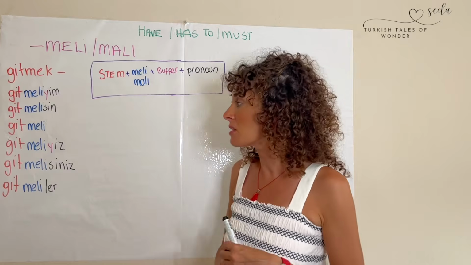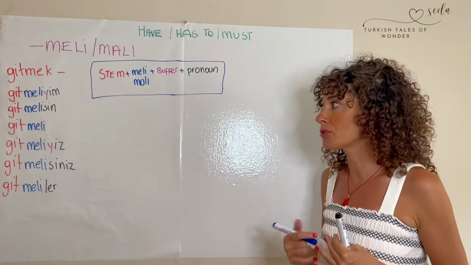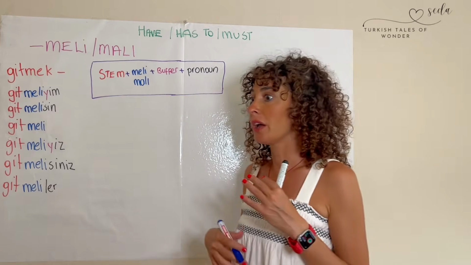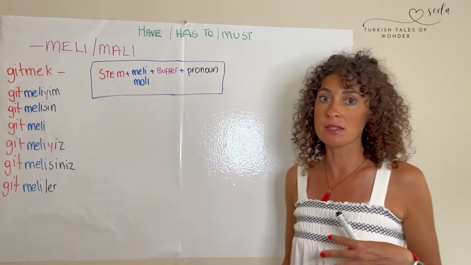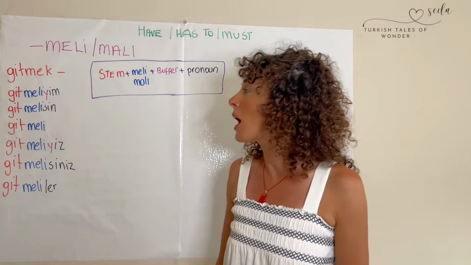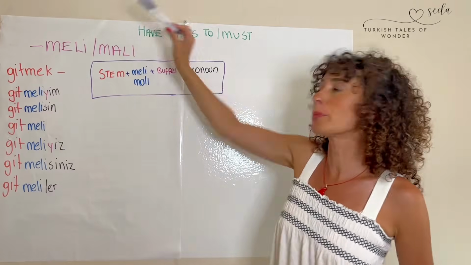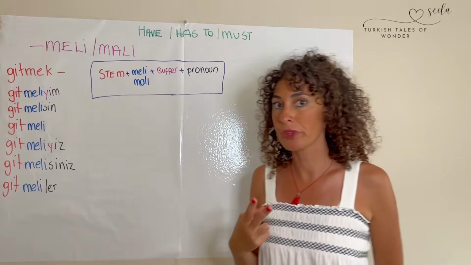I know this part is the hardest part for you guys to learn, how to do the suffixes with a lot of variations in vowels and consonants, but let's try to make it easy. First, our main suffix is meli or malı. We have two, okay?